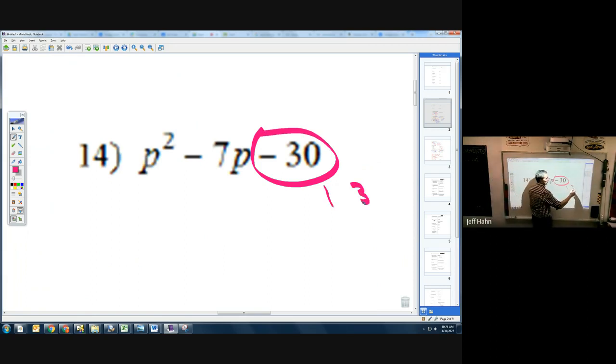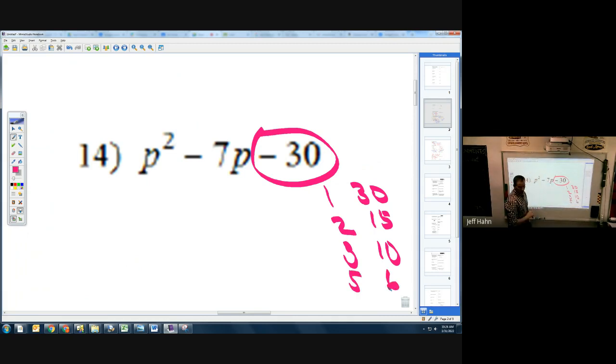A 1 and a 30, a 2 and a 15, a 3 and a 10, what else? A 5 and a 6. But I don't think there's any other factors that give me 30. So I need to look at those different pairs and say, which of those pairs, when I either add them or subtract them, will give me a 7.